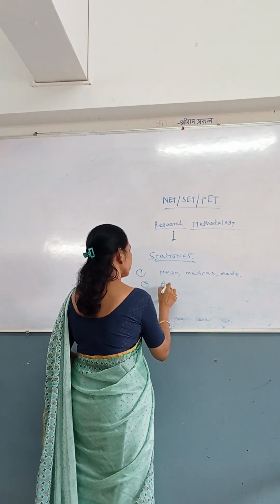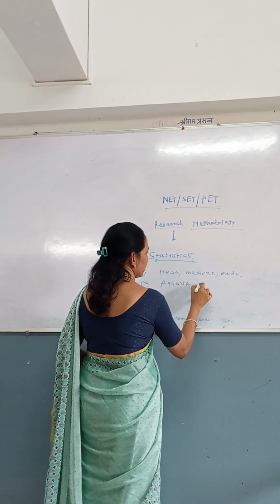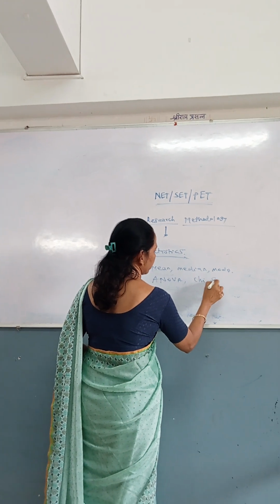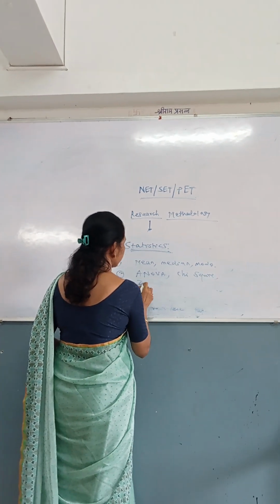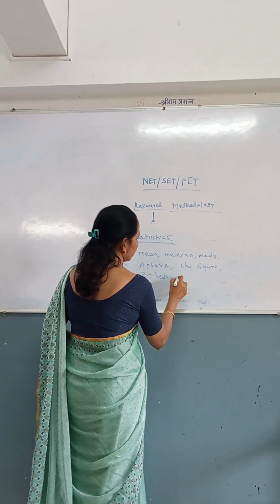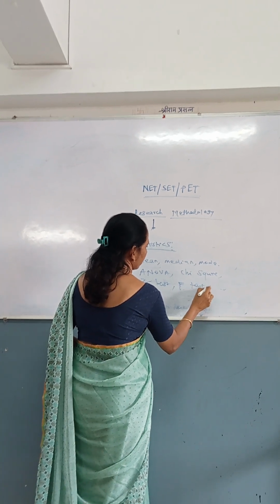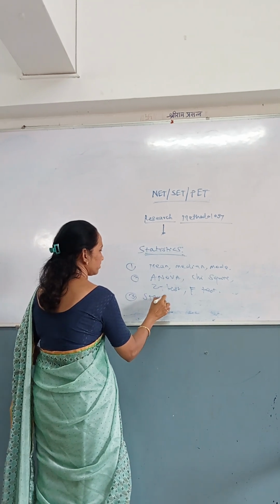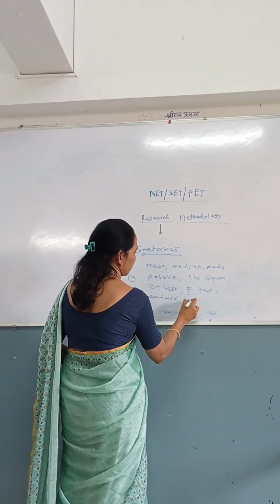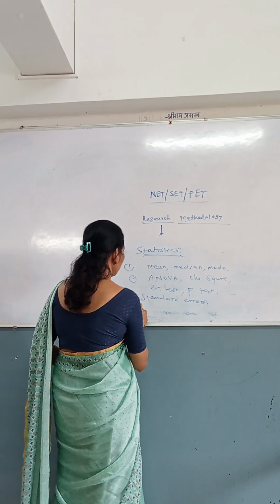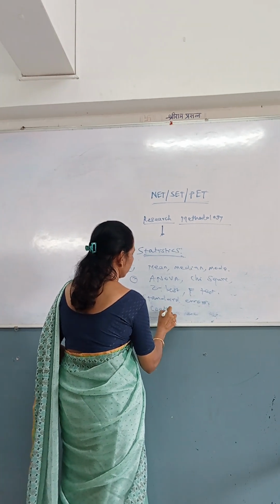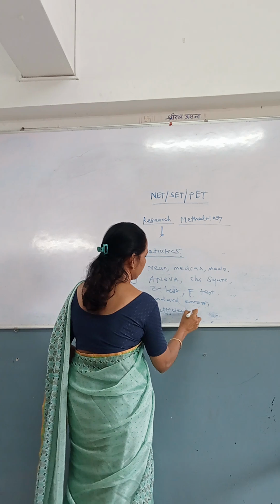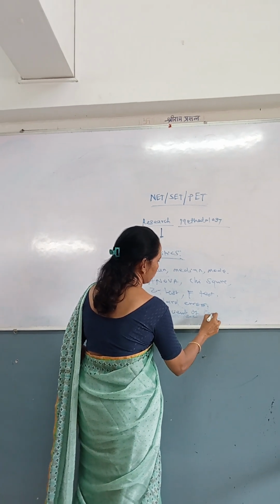Then ANOVA test. Then chi-square test, Z test, F test. Then standard error. Coefficient of correlation.